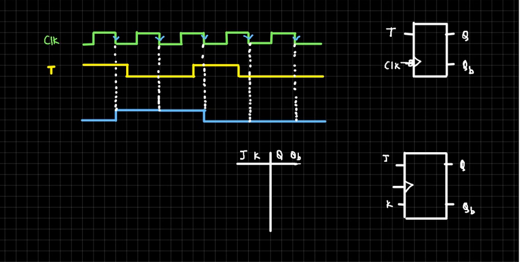When it is 0, 0, it will retain as Q and QB, or Q bar you can say. 0, 1, 0, and this will be 1, 1, 0, 1, and this will be 0, 1, 1. Complement of this, and this will be its complement.